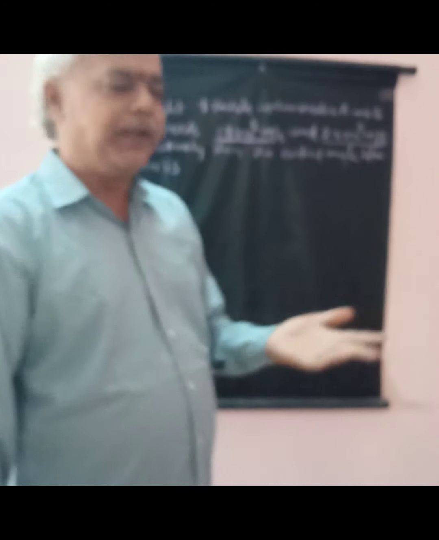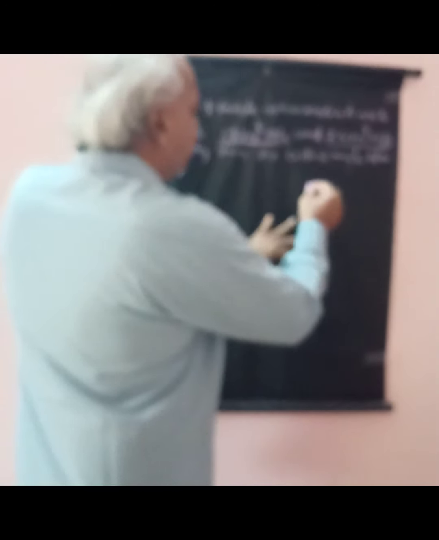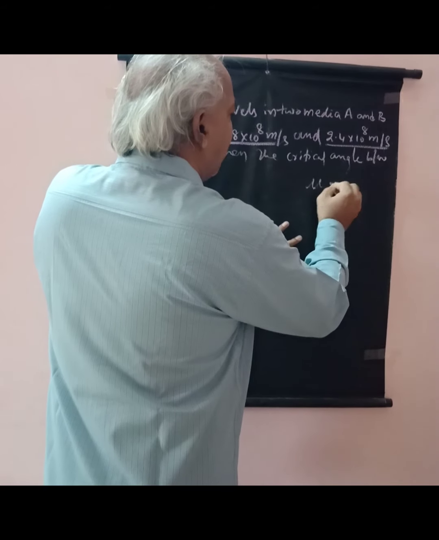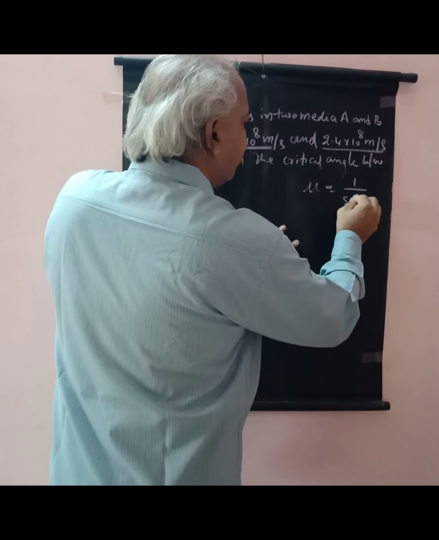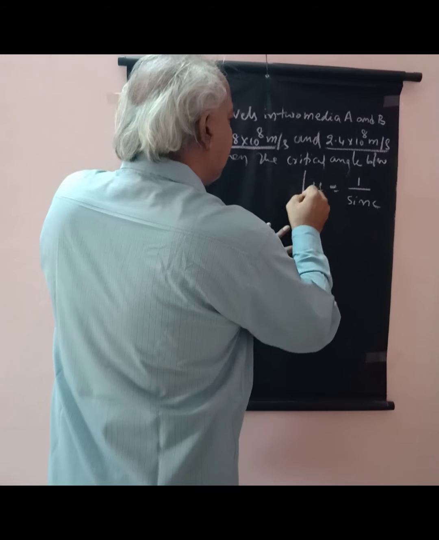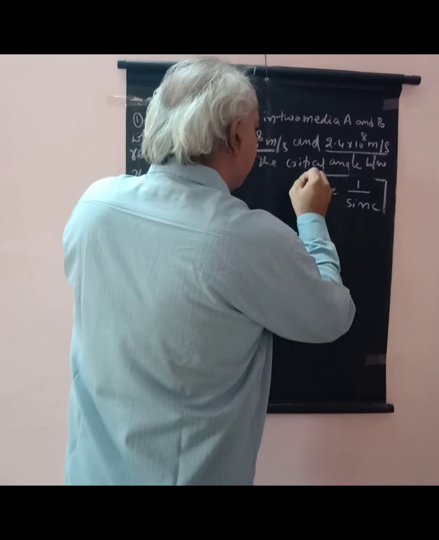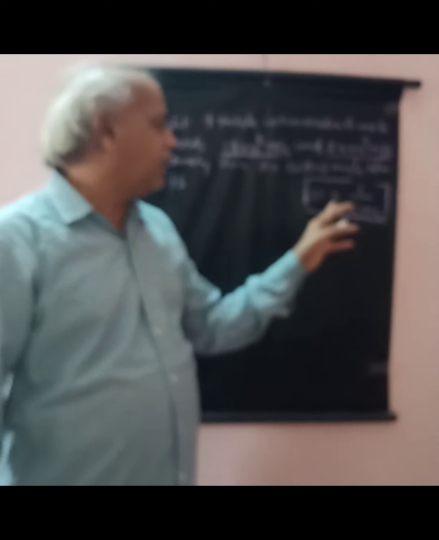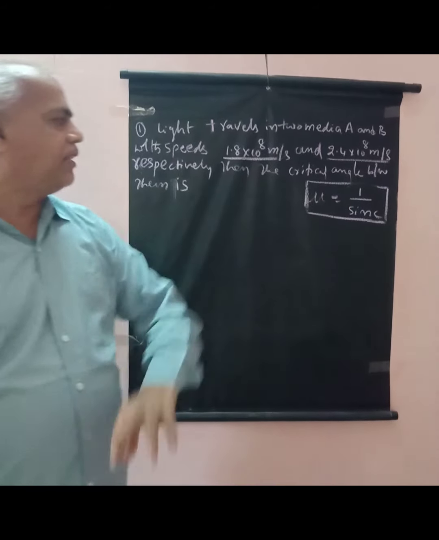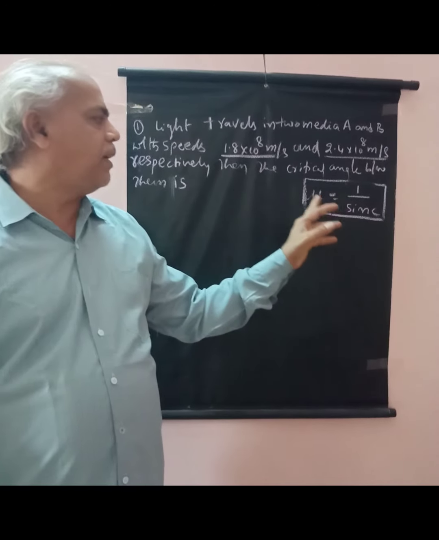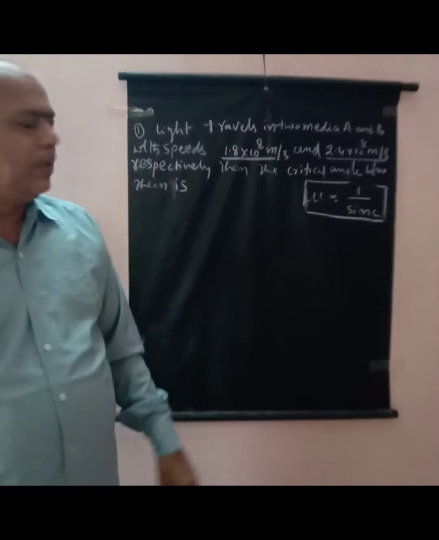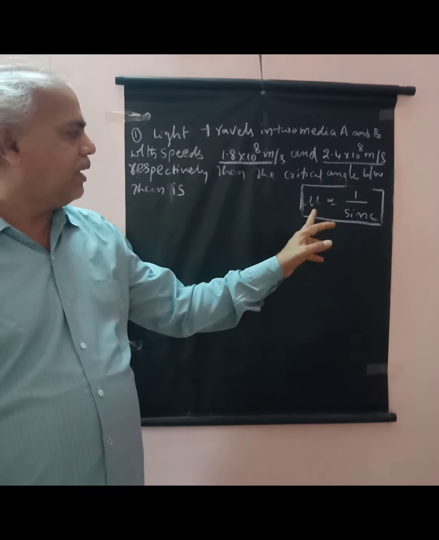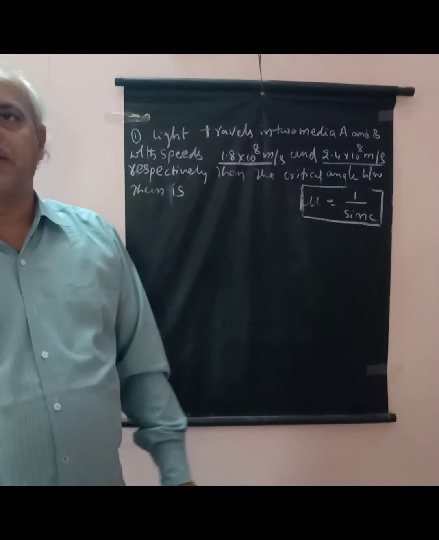We already derived the formula μ = 1/sin C. It is the relation between critical angle and refractive index. This relation gives the refractive index of the denser medium with respect to the rarer medium, where μ is the refractive index and C is the critical angle.